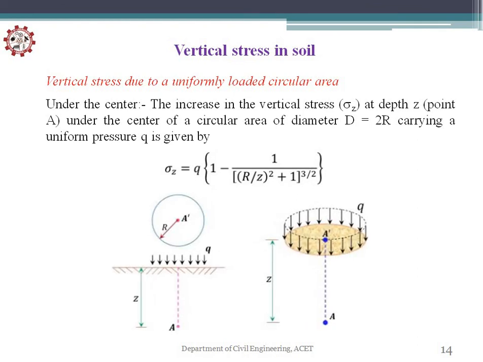If you are having such a circular load, then this is the radial distance and this will be the distribution of the loading under the stress at depth Z at the center of the area A. So this is how the loading takes place, and this is your A dash and Z depth with respect to point A. So this stress is calculated by this formula for a uniformly loaded circular area.